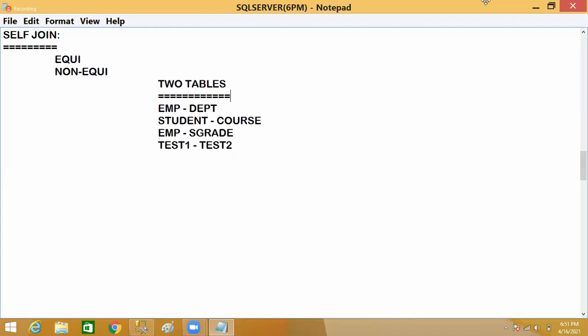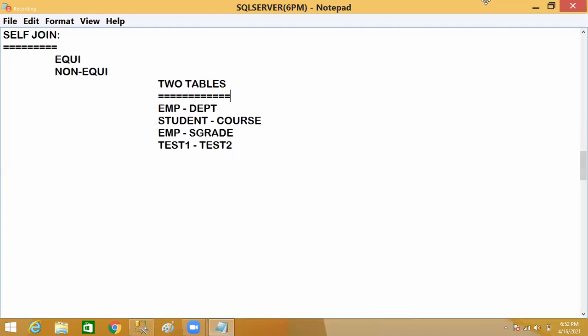Every table is a dependency to the other. That's why we compare the two tables' data, and wherever the condition is true, the true conditional rows are combined and retrieved from the tables. That is what we did in equi join and non-equi join. I think all of you are clear on this, right?